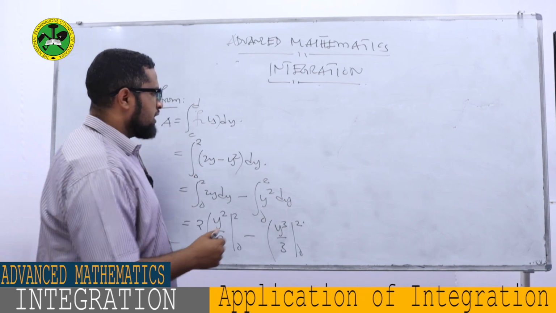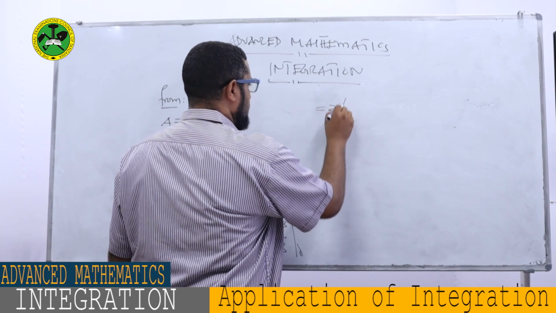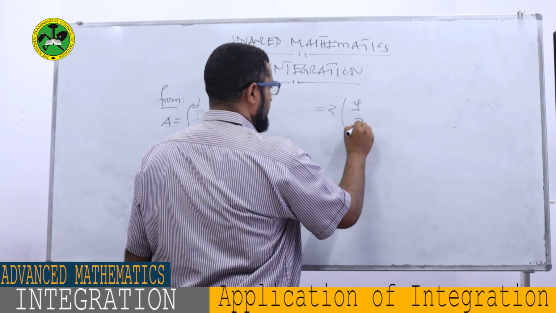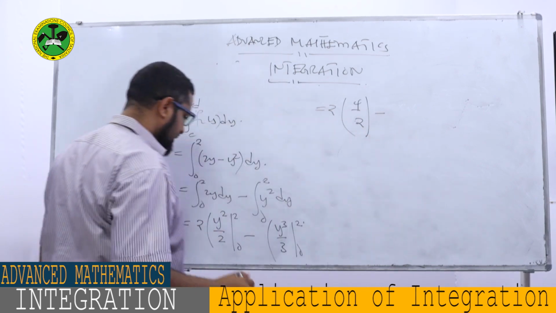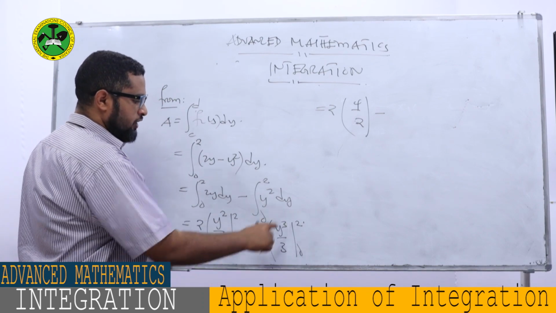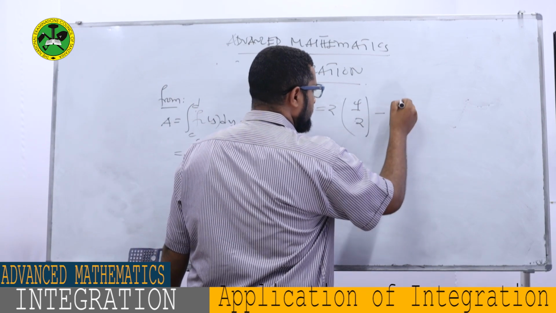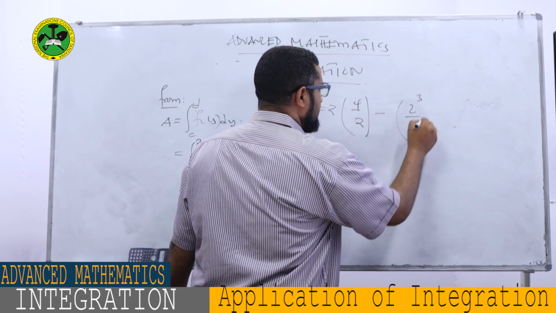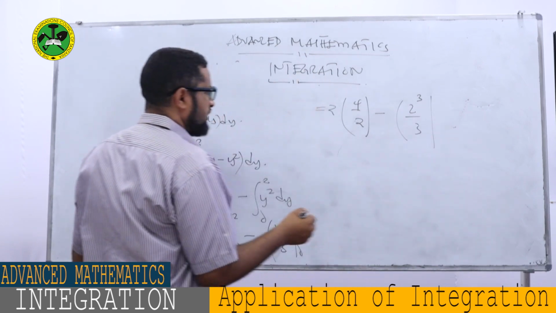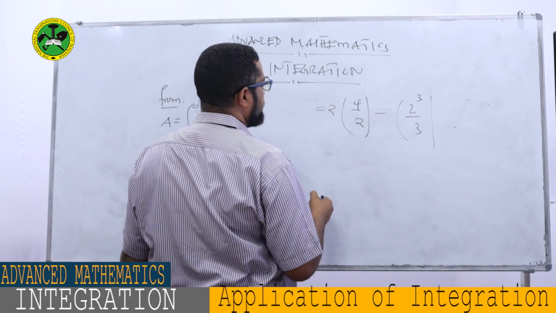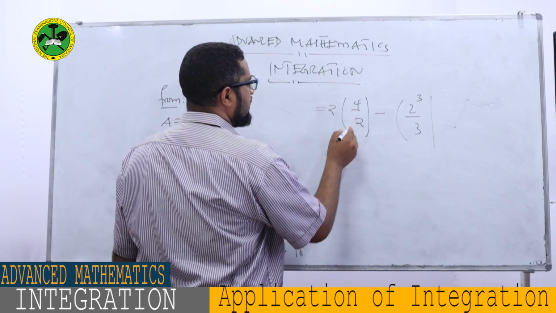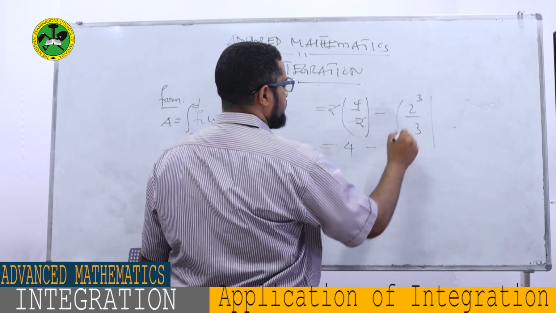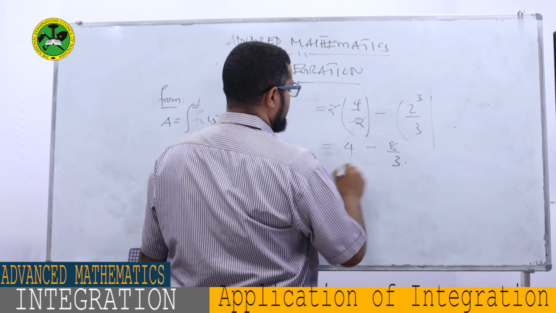If we simplify now, 2 power 2 is just 4 over 2 minus 2 power 3 over 3. The one having 0 will also be equal to 0. So if you simplify, that one cancels, you remain with 4 minus 2 power 3, which is 8 over 3.